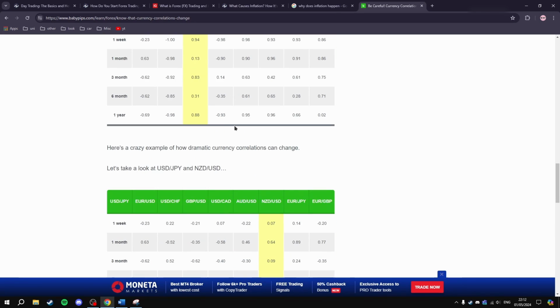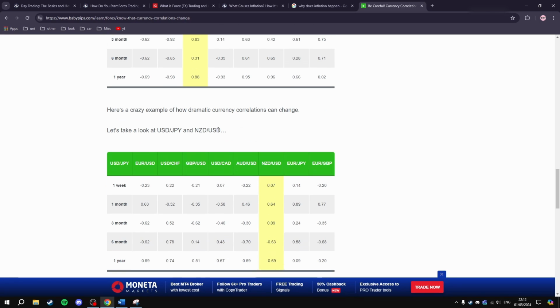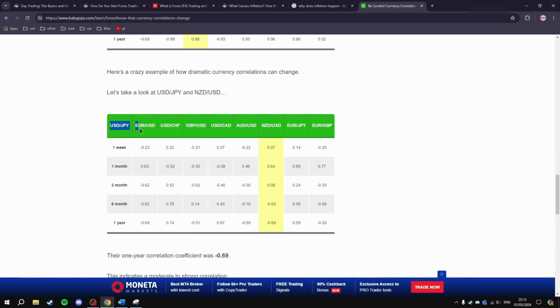Here's a crazy example of how dramatic currency correlations can change. Let's take a look at the USD JPY and the NZD USD. We can see 1 week, no correlation at all, barely any. 1 month, pretty decent positive correlation. 3 month, no correlation at all. 6 month, now we're onto a pretty moderate negative correlation.